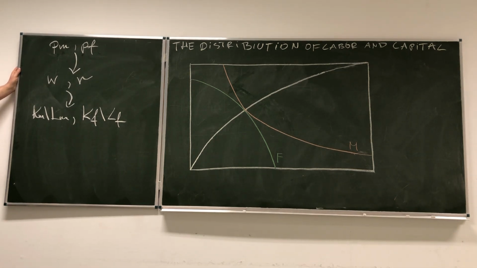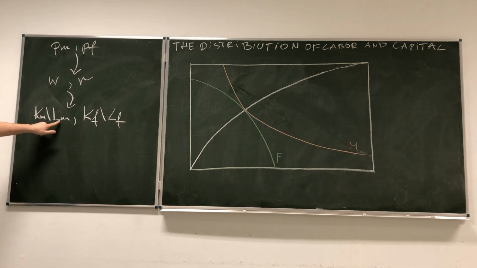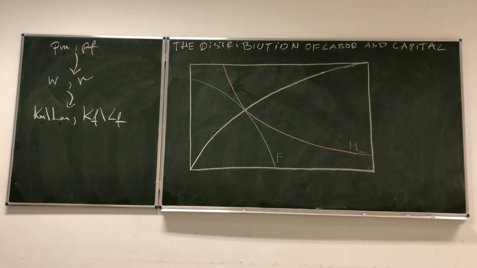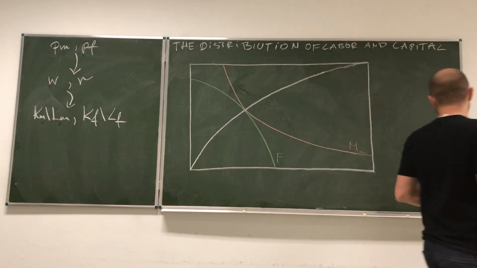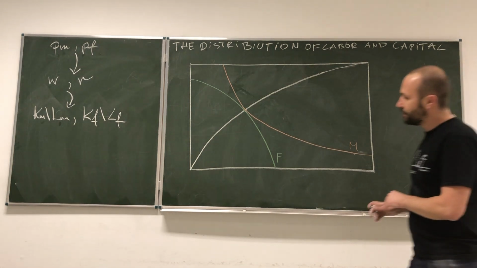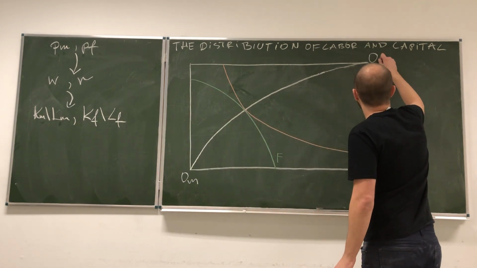Now, thing is that if we know those and if we combine known capital to labor ratios in two sectors with the assumption of full employment, we can actually find a point on the contract curve that will show us the distribution of labor and capital between manufacturing and food industry.